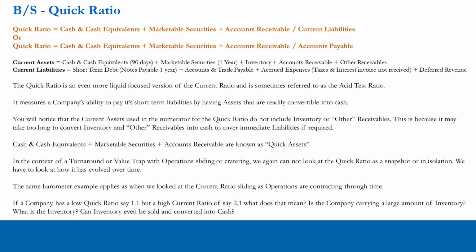So we would ask these questions and figure out which is a more accurate picture of the liquidity and the financial health of the company, whether it's the current ratio or the quick ratio. If we have a low quick ratio but a high current ratio, and the inventory the company is carrying on its balance sheet can't be sold and quickly converted into cash, then the high current ratio may be flattering the position of the company on paper, and the reality is that the company is at or near insolvency.